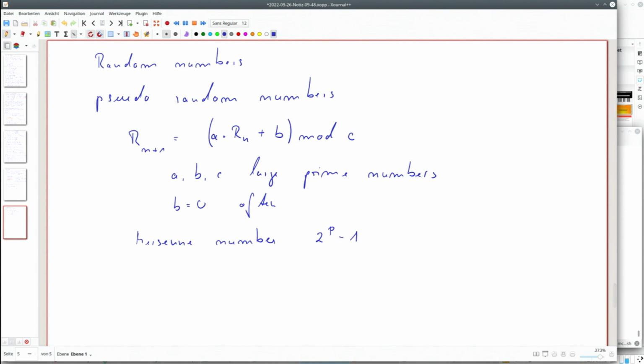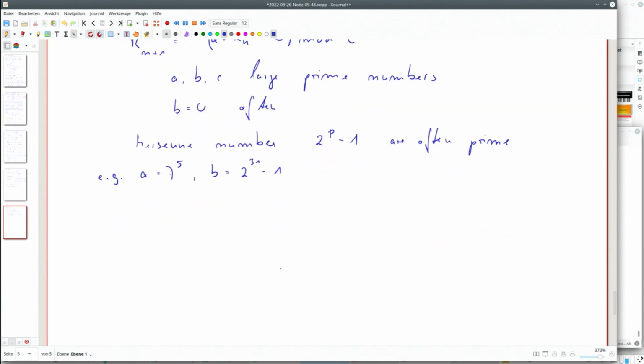These are not always, but often prime numbers. And one possible choice is, this is not even a prime number for A, but apparently it does not matter, and B equals 2 to the power 31 minus 1. So that's a common generator, not that good. Nowadays there are better ones.